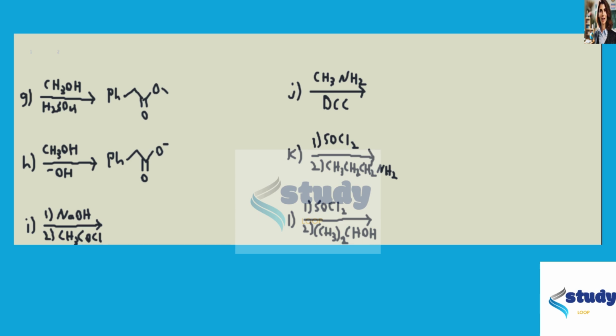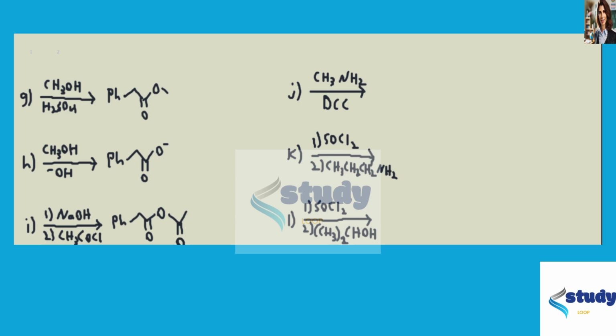And so this is going to create the mixed anhydride. So we deprotonate, and then our deprotonated oxygen is able to act as a nucleophile and kick out the chlorine in the acid chloride that we're using as the second reagent in this sequence. And so we end up making the mixed anhydride.